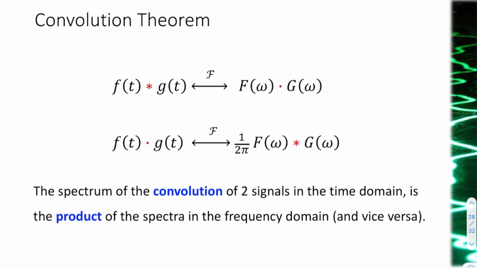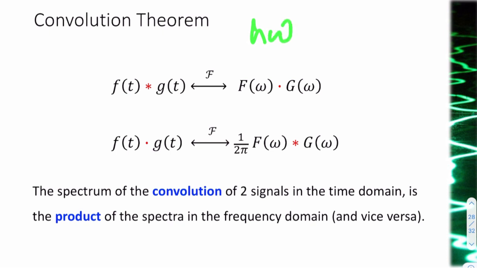The final property to look at is the convolution theorem. We introduced this in lecture 4 at the very end, and I said that was homework for you to do. I said that if you take two signals and you carry out a convolution in the time domain, then the Fourier transform, or the spectrum, of that convolution will be the product of the two spectra.